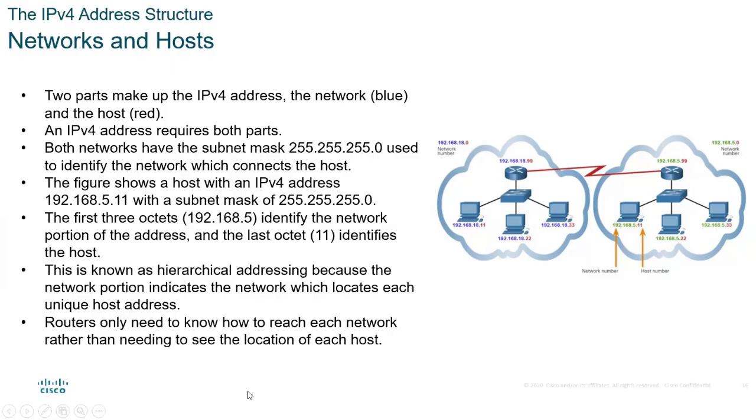Now, this IP address has 2 parts to it. There is something we call a subnet mask that we normally assign after the IP address is given. There are different subnet masks.